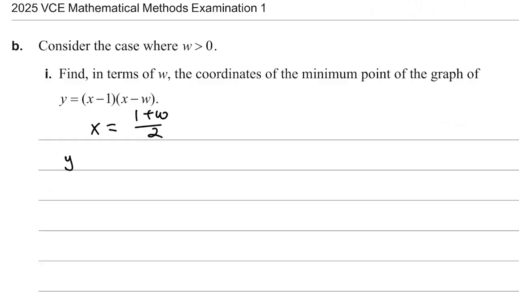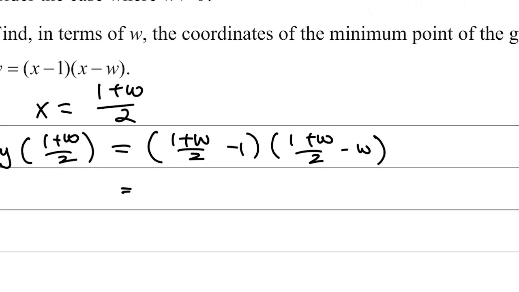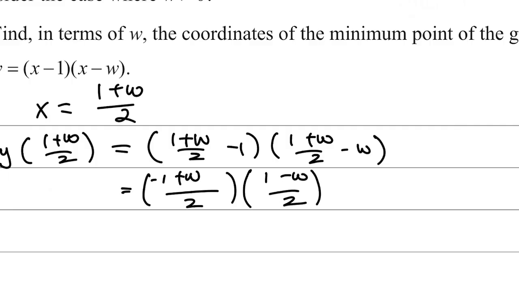So y of 1 plus w on 2 is going to equal 1 plus w on 2 minus 1, times 1 plus w on 2 minus w. Cool. So then that's going to get us 1 plus w minus 2 on 2, so that's minus 1, and then 1 plus w minus 2w, so that's 1 minus w. From there we can expand.